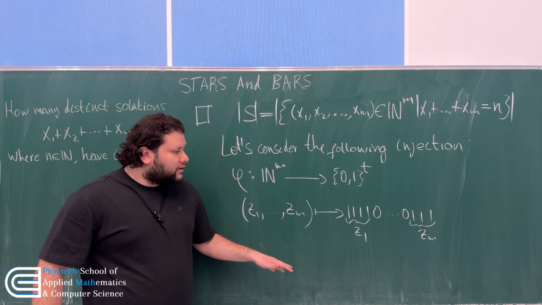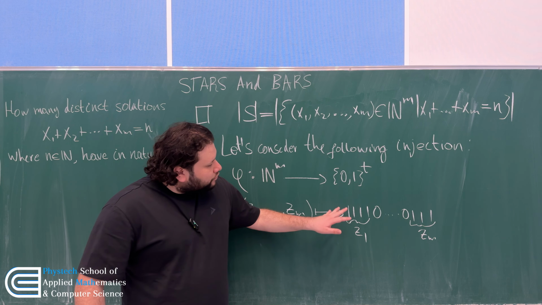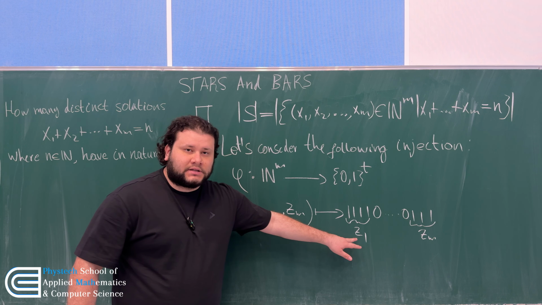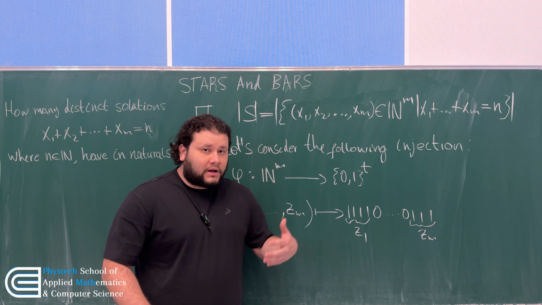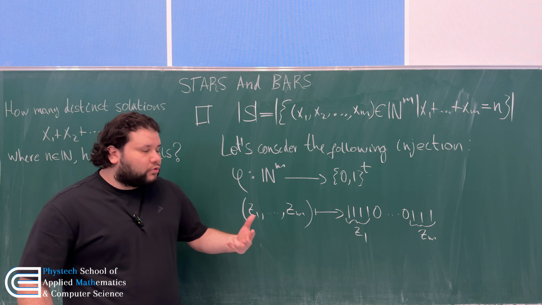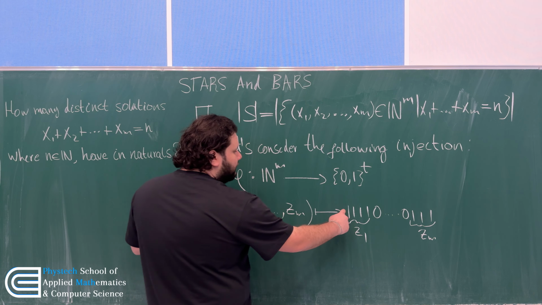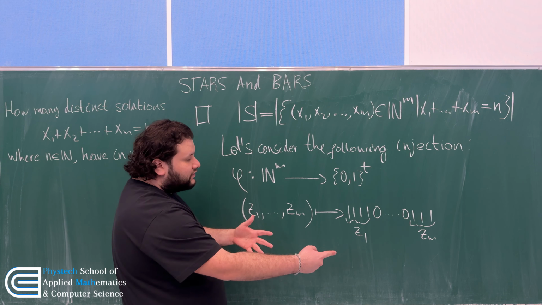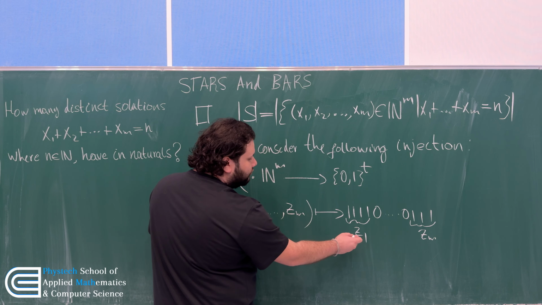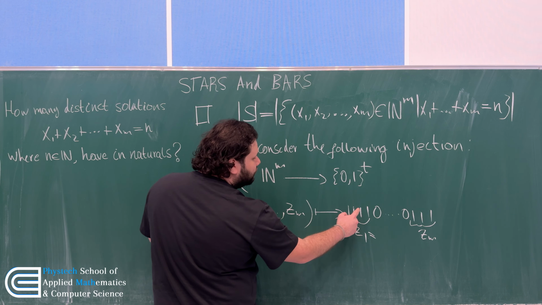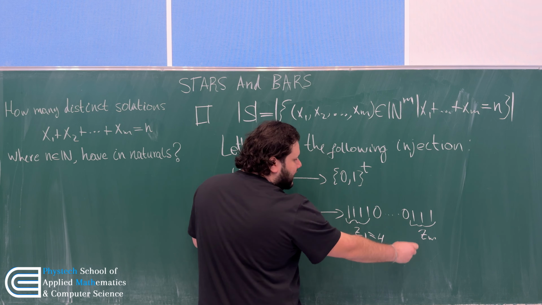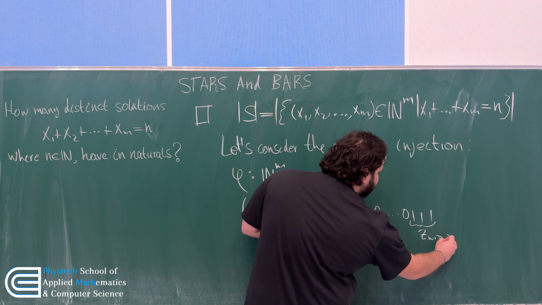As you remember, the number of ones that we have in here is the number of sets that we have. For example, if Z1 is equal to 2, it means that we are going to have two ones. In this case, for this example, Z1 is going to be equal to 4, and Zm is going to be equal to 3.